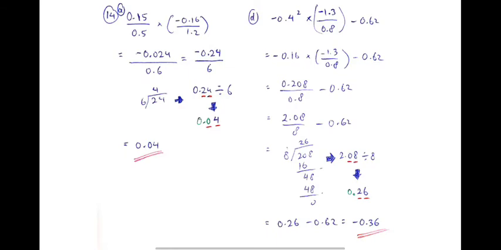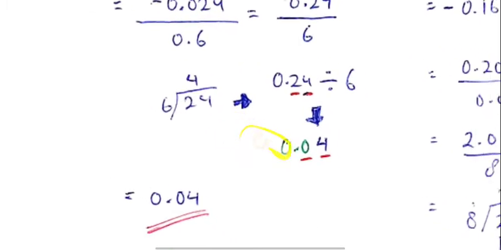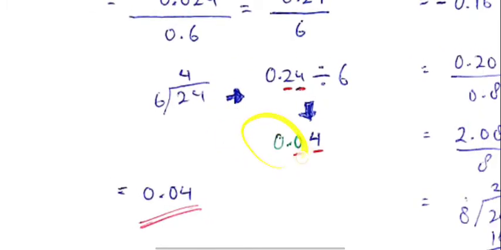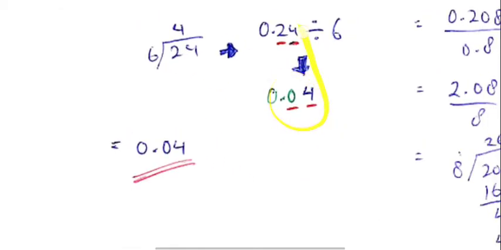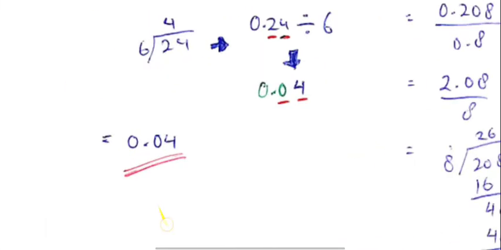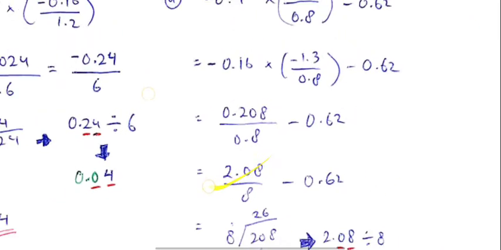You can notice I use a different color, the green one, to indicate that this is added on purpose. Now we can count the decimal places again, the numbers behind the point: 0 and 4, so 1, 2. Now that the decimal places are the same amount as it was originally, that concludes the working. So the final answer is 0.04.